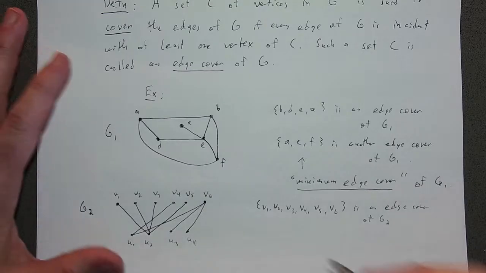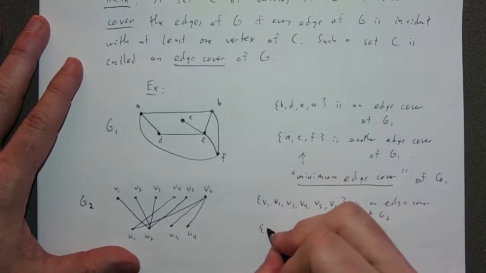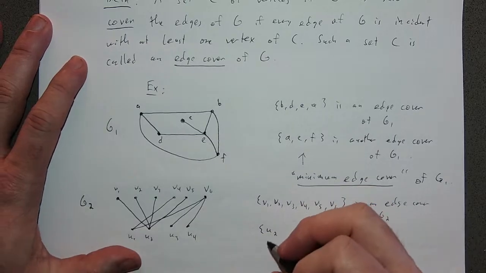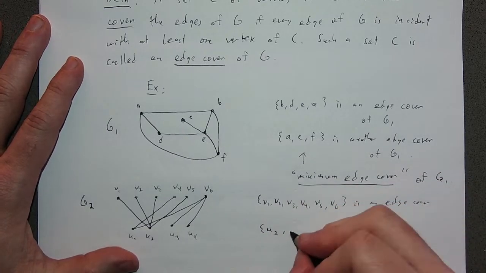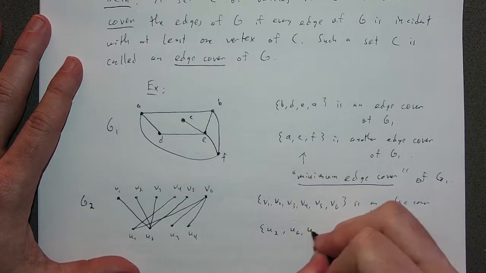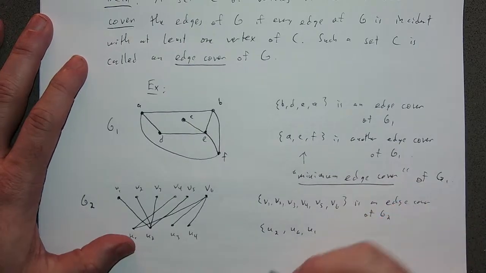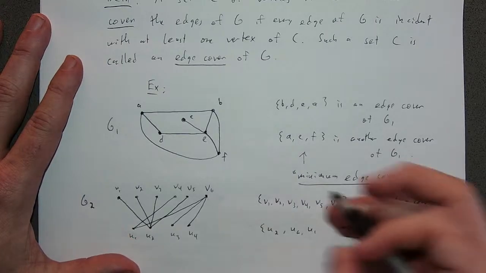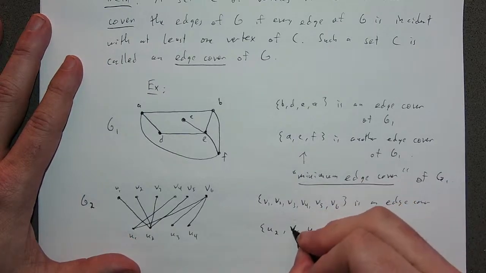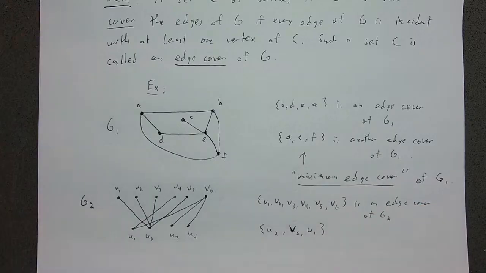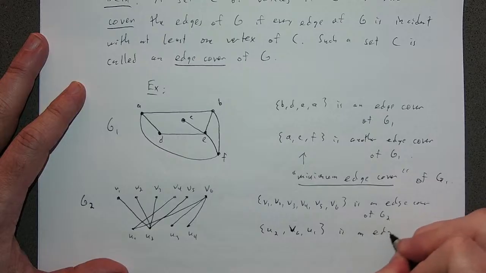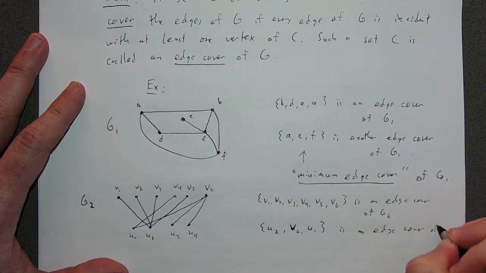So is, say, U2, V6, and U1. Sorry, not U6, V6. Okay. That is another edge cover of G2.